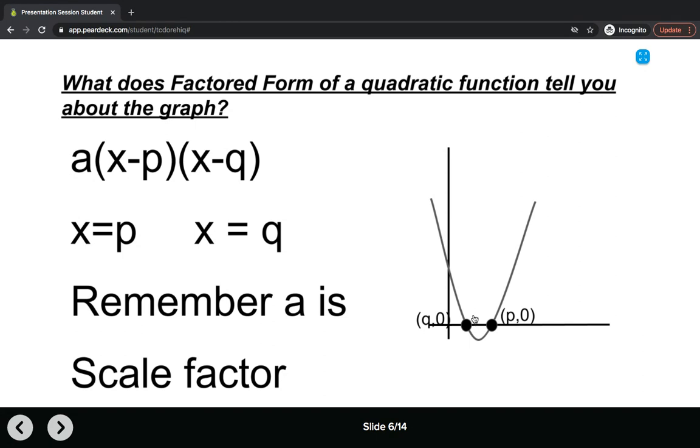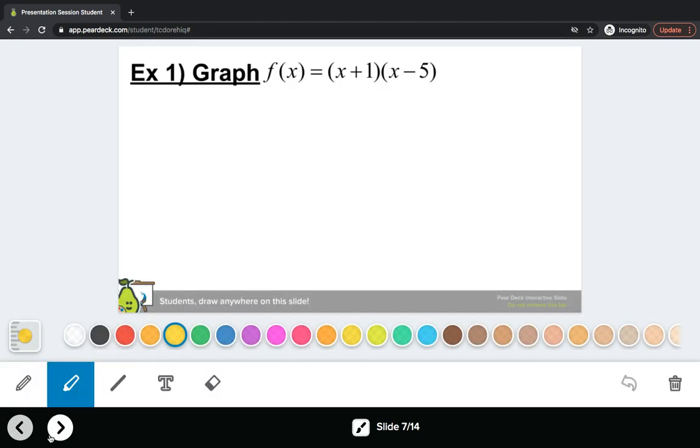It's also possible for us to not touch the x-axis at all, because if I have a parabola whose vertex is, say, somewhere up here in this first quadrant and opens up, I'm never going to touch the x-axis. Or I can also have it somewhere here in quadrant 4, and if it opens down or concaves down, again, I'm never going to touch the x-axis. So it's possible to have none, 1, or 2 points where our quadratic equation crosses our x-axis.